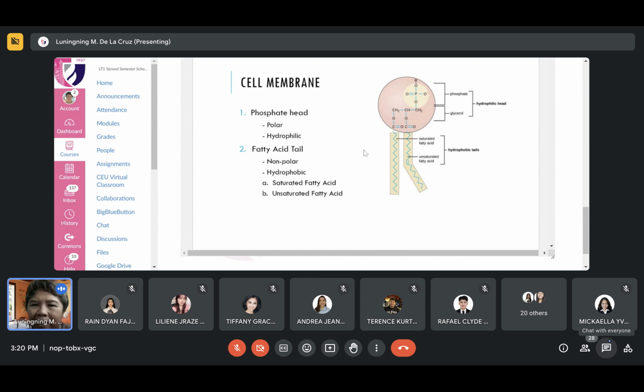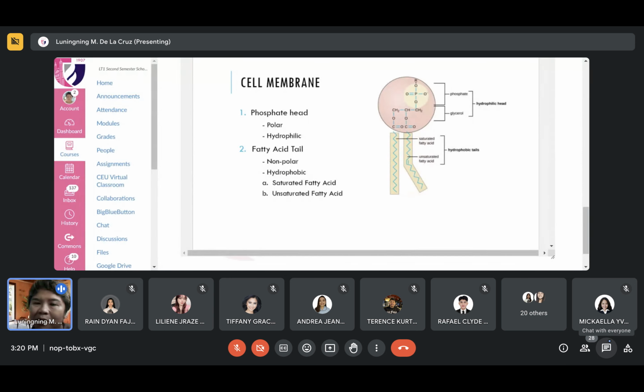Now, then we have this fatty acid tail. As we learned in our organic chemistry, fatty acids are non-polar, which means they don't carry any charge at all. It is hydrophobic. It has a fear of water.